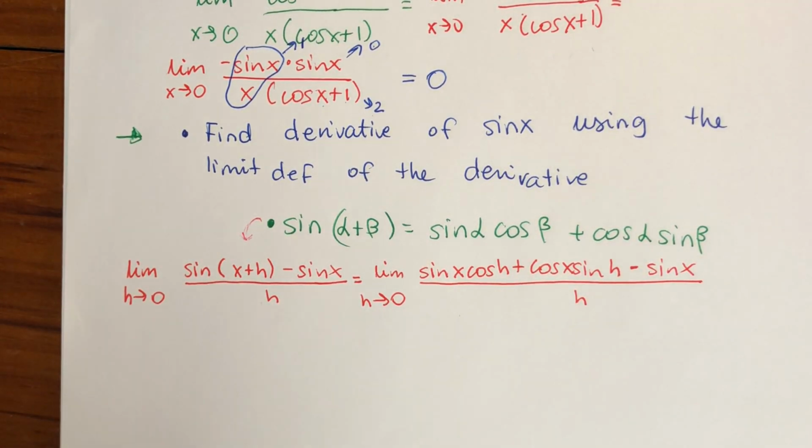All right, remember when we were doing this before, I always say, well, let's do something and let's hope for the best. What I mean by hoping for the best is we need to think about, well, can we cancel anything out? Can we factor something? What can we do with this expression?